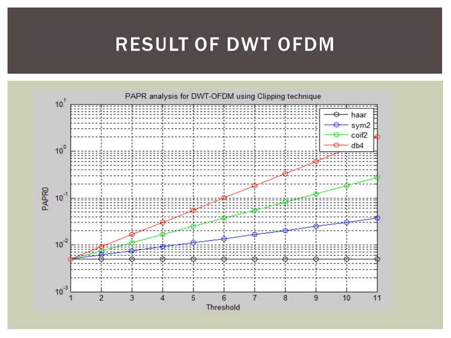Now this is the result for the wavelet system. In this case, Haar, Symlet, Coiflet and Daubechies types of wavelets are used. In this case also, as the threshold value goes on increasing, the value of PAPR is different for each type of wavelet.